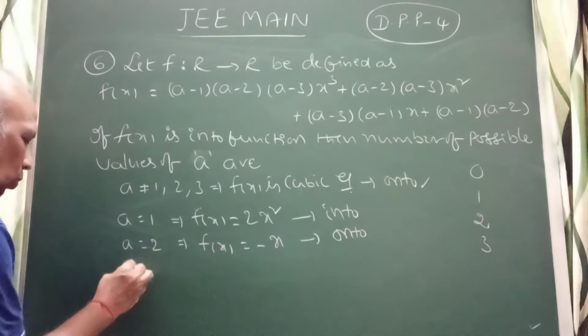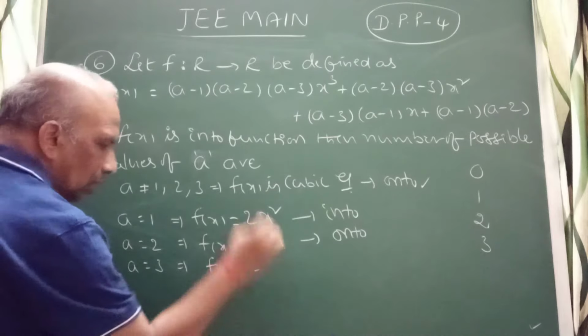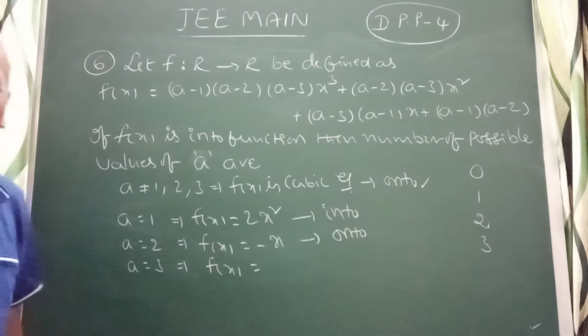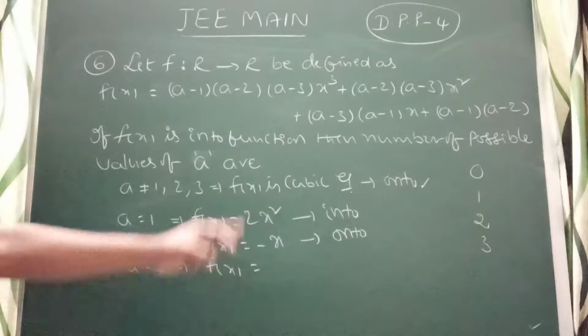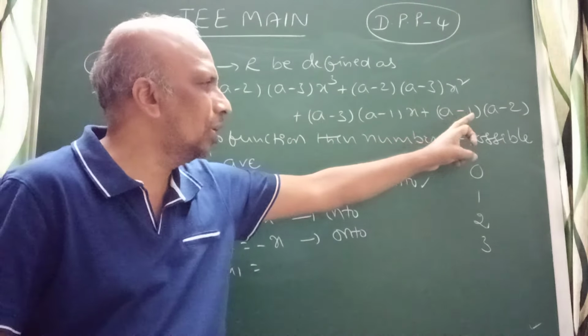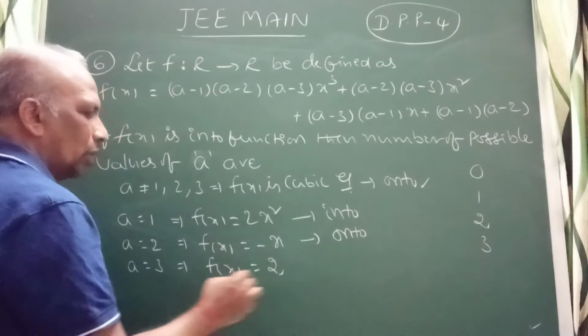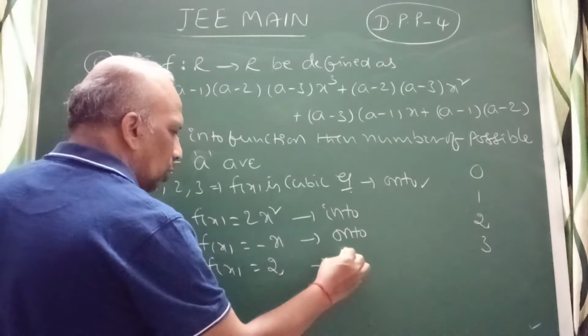Now a is equal to 3. Then f(x) is equal to, check that when a is equal to 3, what do you get now? This will be 0, this will be 0, this will be 0. 3 minus 1, 3 minus 2, it goes only to 2. It is a constant function, so this is also an into function.